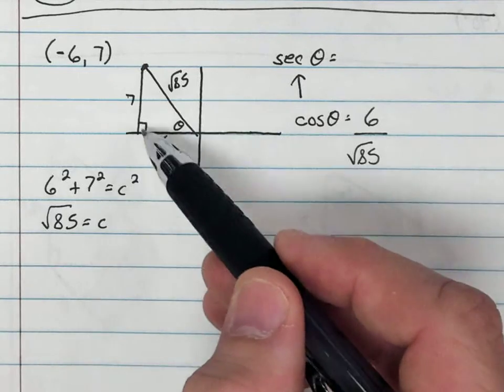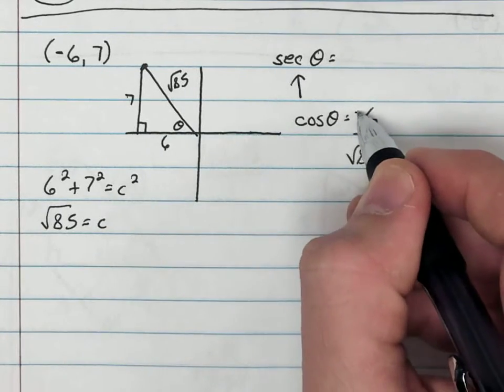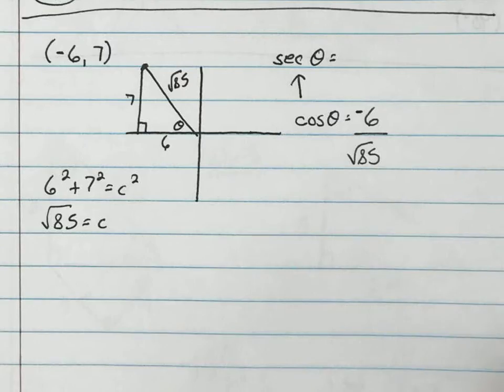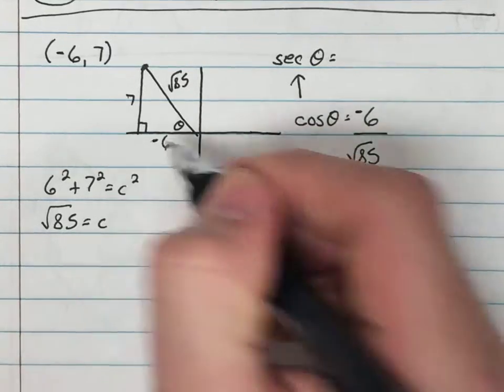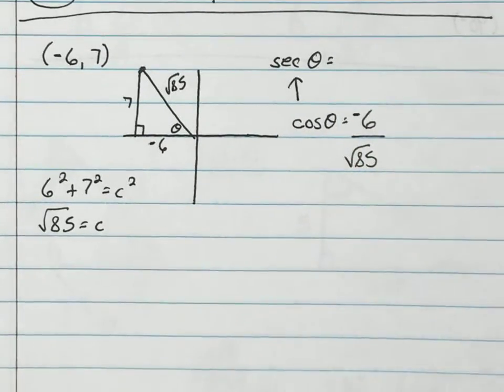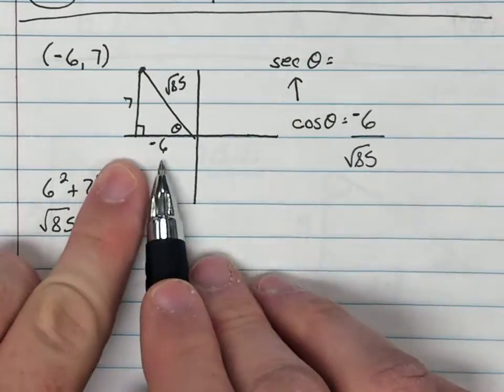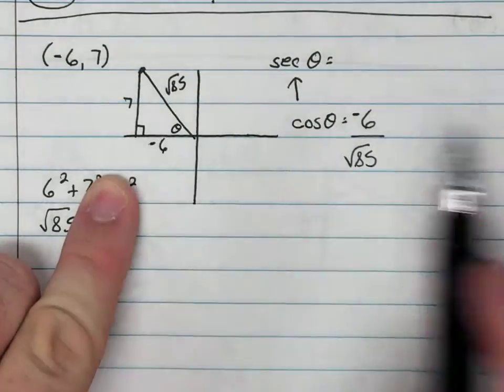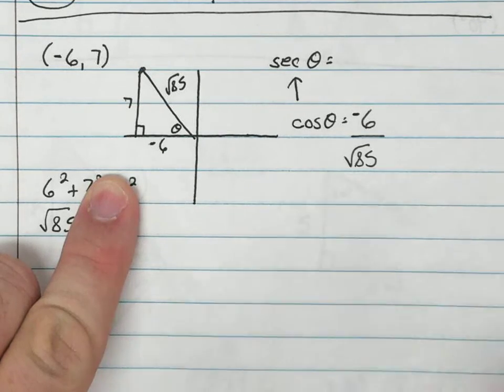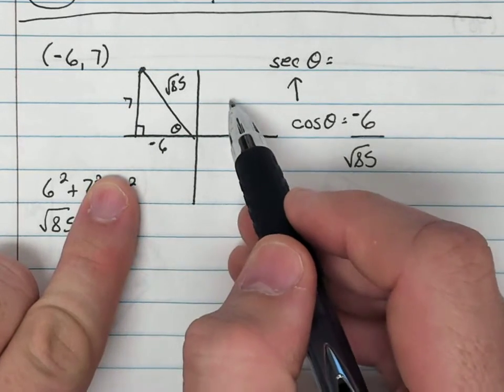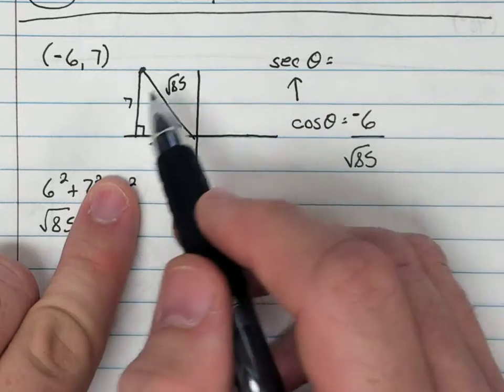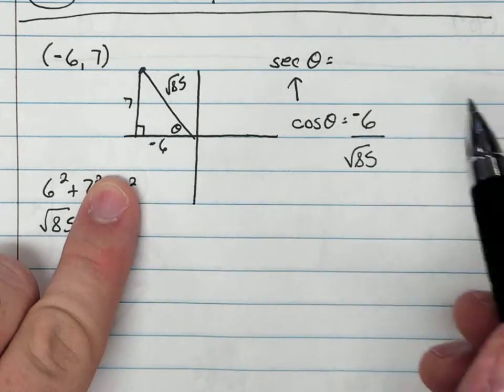Does everybody understand that since we're in the second quadrant, that needs to be negative? And if you would have left that negative 6 there, you would have got that. The distance here is always positive, but negative 6 over root 85, you would have got the same answer. But just make sure that you always check, if you're in the second quadrant, is it supposed to be positive, is it supposed to be negative, and so on and so forth.